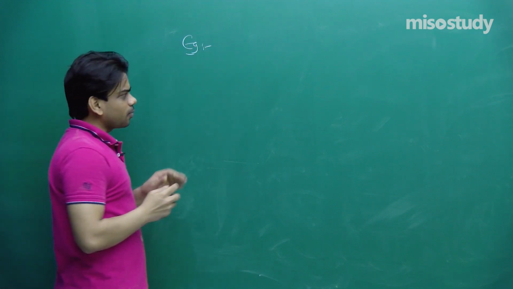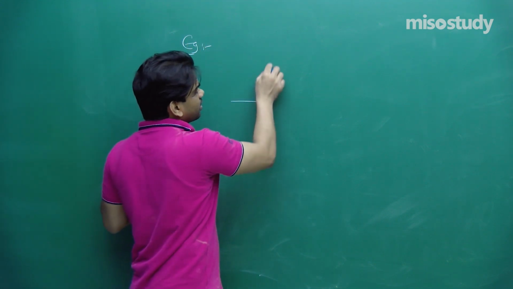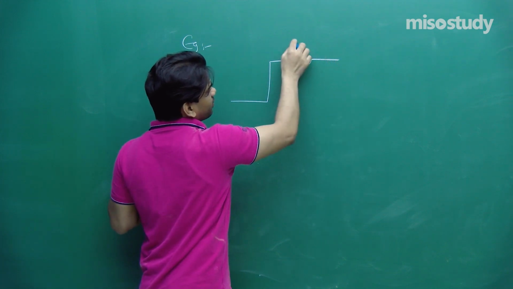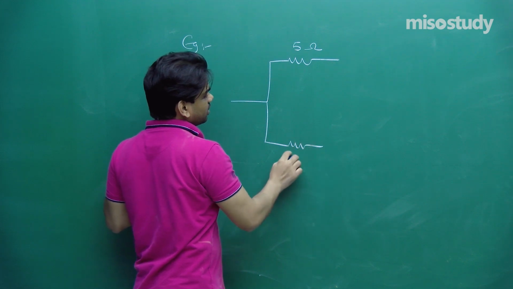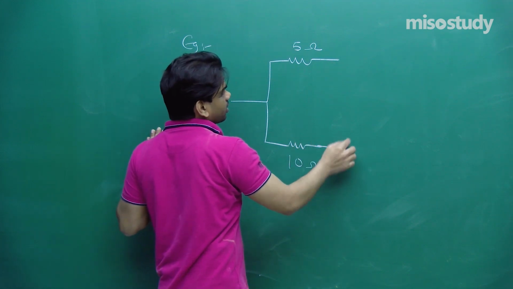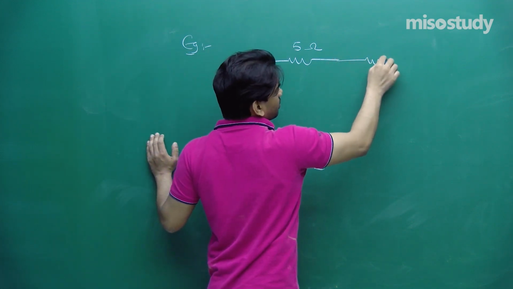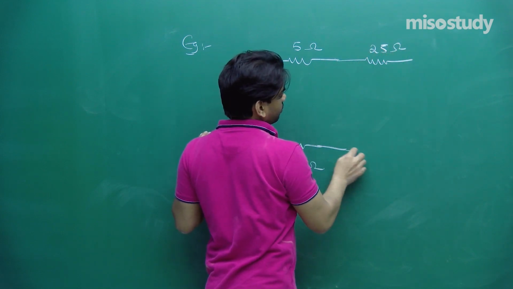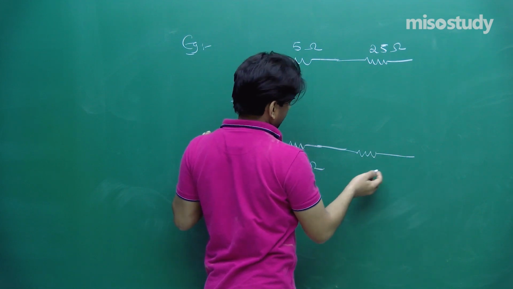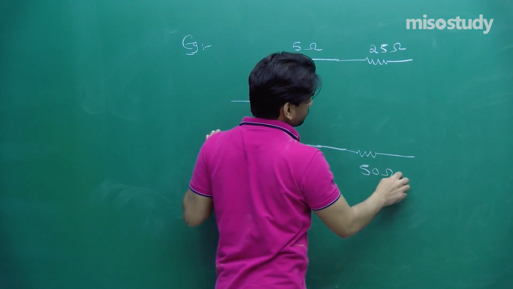Now see, suppose you find a circuit. Let's say we have a circuit given as 5 ohm, and let's say this is 10 ohm, and here we have, let's say, 25 ohm, and here we have, let's say, 50 ohm.